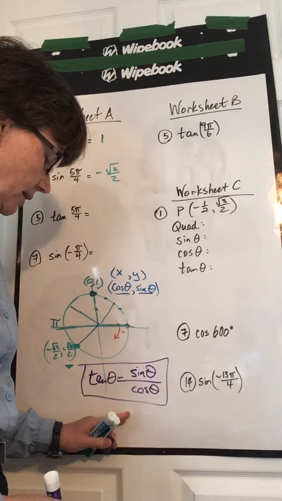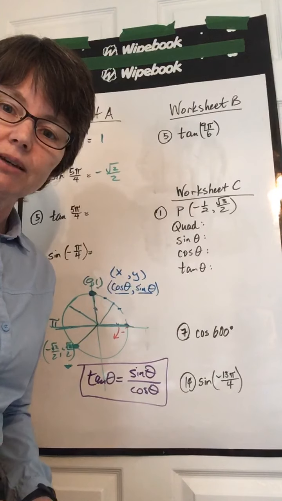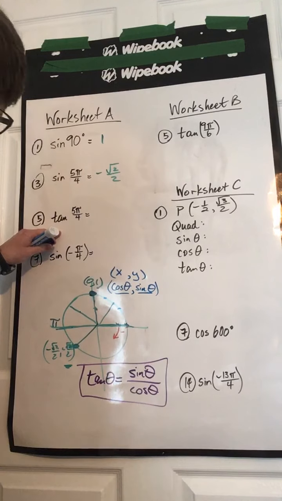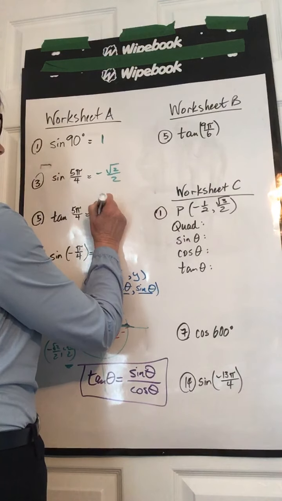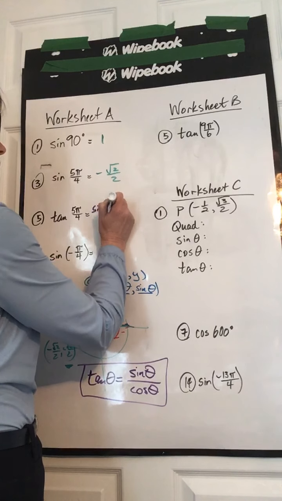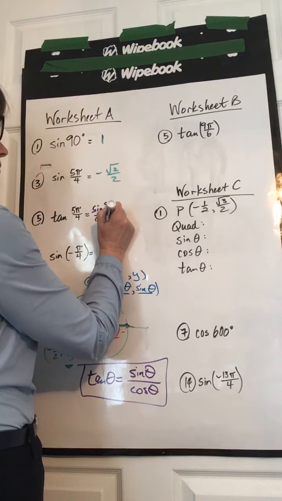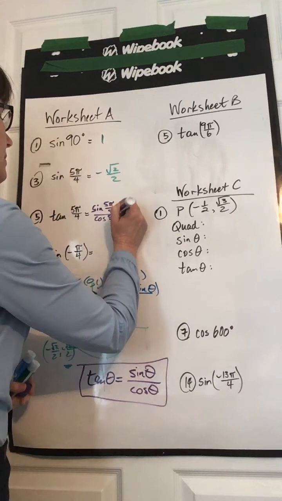It's in your formula booklet. Tan of theta equals the sine of theta divided by the cosine of theta. So when we look at number 5 on worksheet A, the first thing we have to do is say, oh, this is equal to sine of 5 pi over 4 divided by cosine of 5 pi over 4. Important to put that step in there.